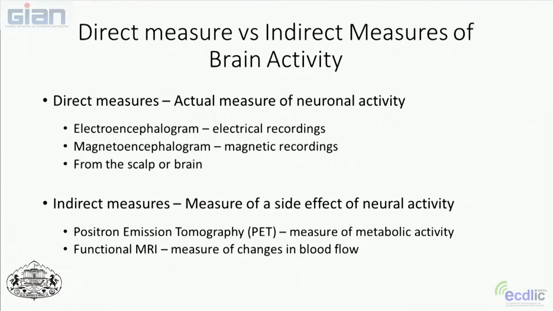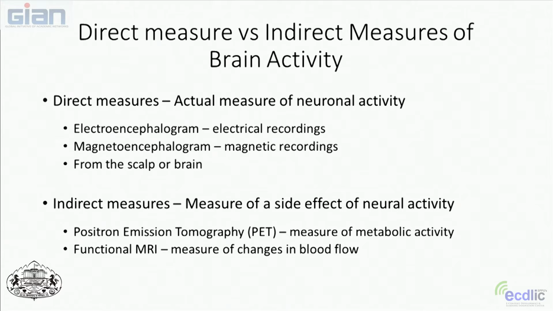Indirect measures are a side effect of the neural activity. So positron emission tomography, which is a measure of underlying metabolic activity, is not a direct measure of the brain activity. So the brain is being used, and in using the brain, we're using glucose and other things, and this is what we're actually measuring.